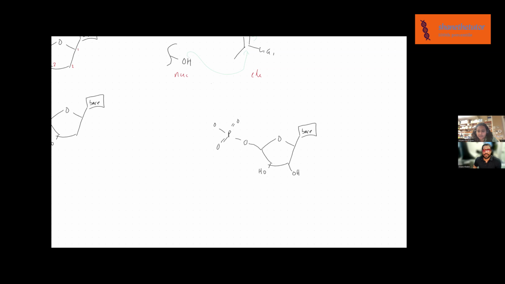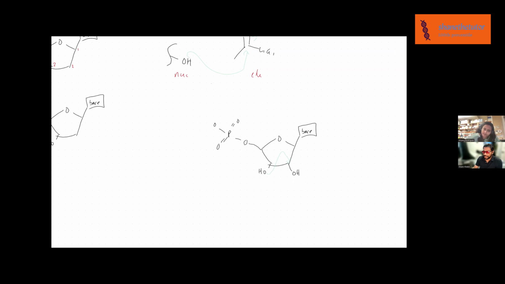Because it's less reactive, because it doesn't have that hydroxyl group. Yep, because that hydroxyl group acts as a nucleophile. So you would see something like that attacking. That's why RNA is very unstable, and it's only produced when you need it to eventually translate into a protein, but it doesn't stick around.